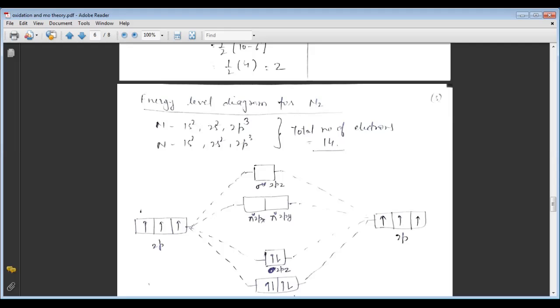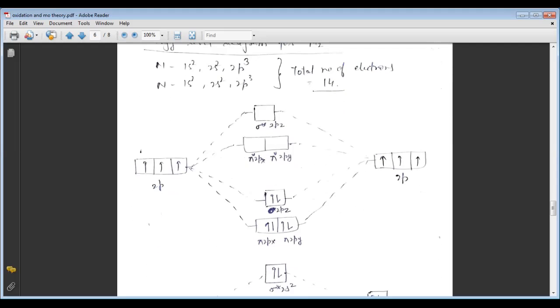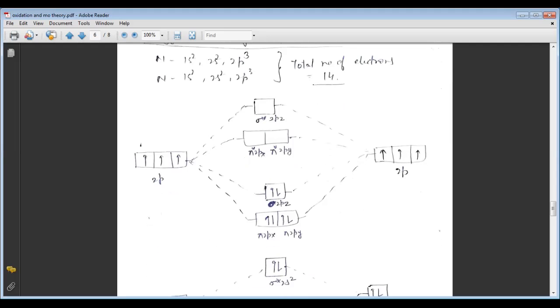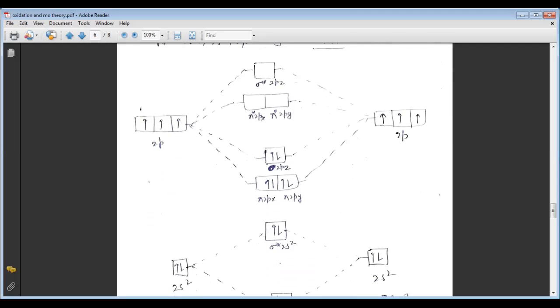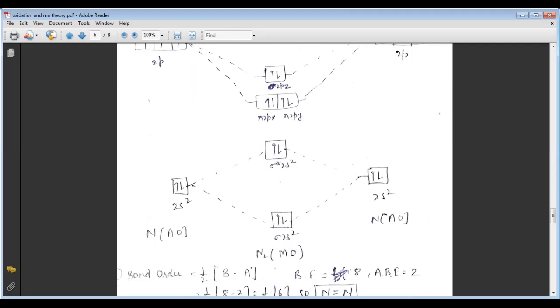Due to the sp mixing, the energy of sigma 2pz is increased, and it goes above the pi 2px and pi 2py. This is the arrangement you should remember.